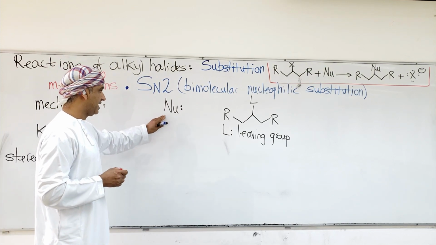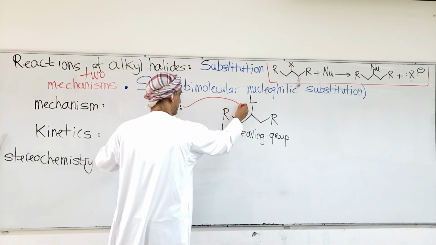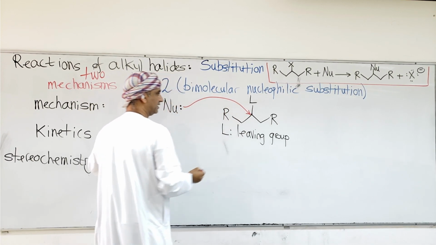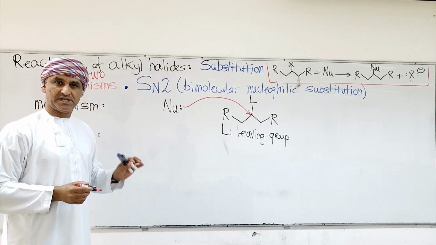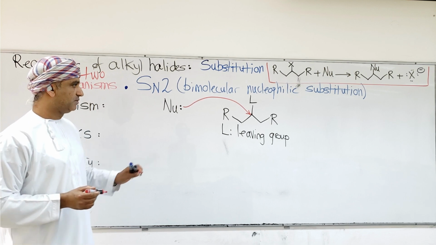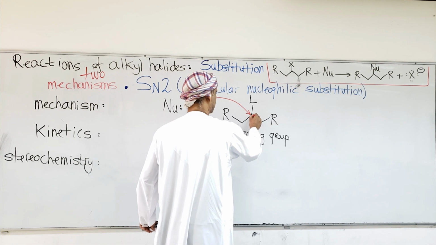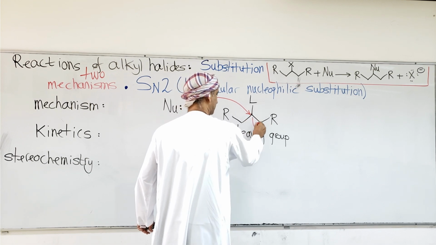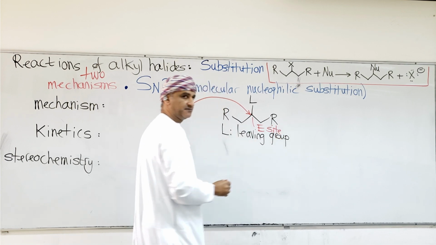So the nucleophile now will go and attack this carbon, and remember, nucleophiles attack electrophiles, and they attack specifically electrophilic sites in electrophiles. And we have learned before that this carbon is the electrophilic site, and that's because of inductive effect.